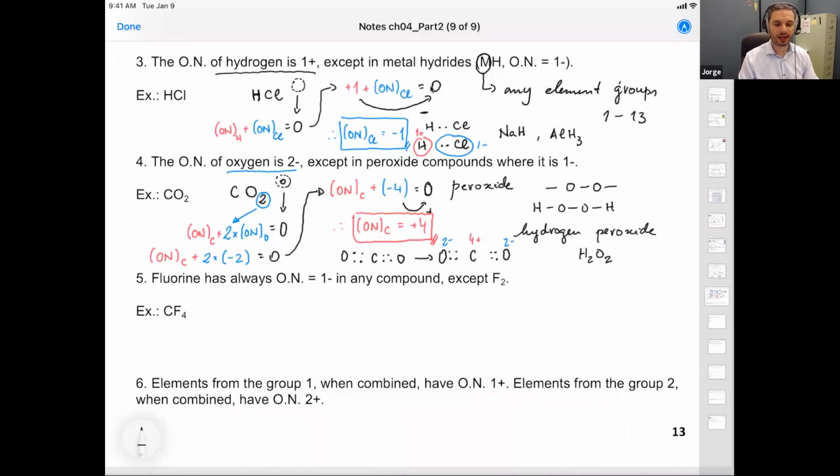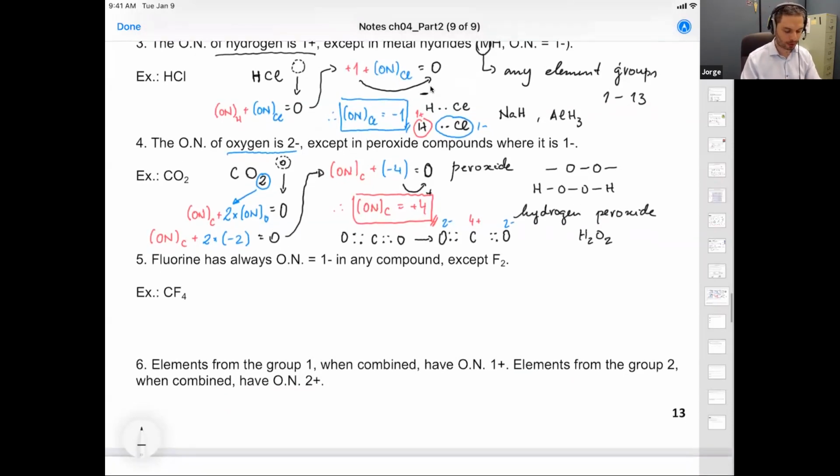Another element that likes to get closer to the electrons, likes to pull electrons, is fluorine. Fluorine has always oxidation number equal to 1 minus in any compound except F2, except when combined with itself. Okay, so any element that combines with fluorine will lose the battle for the electrons.